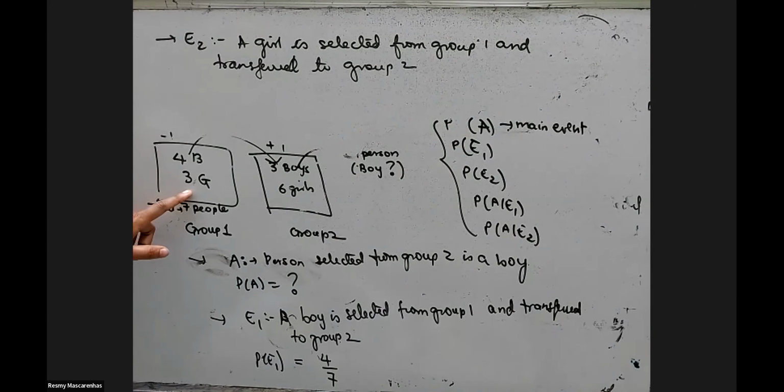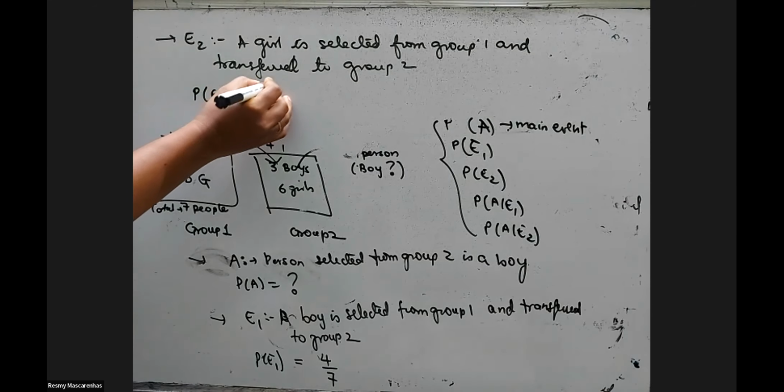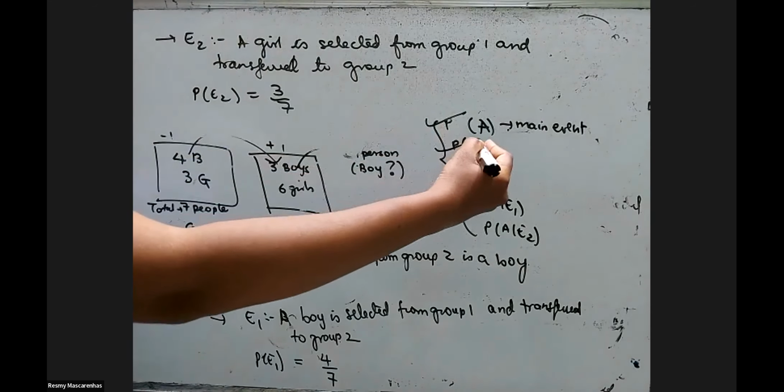So what are the chances when you go to select a girl from group 1? 3 out of 7. The probability of E2 will be 3 out of 7. So we finish this.